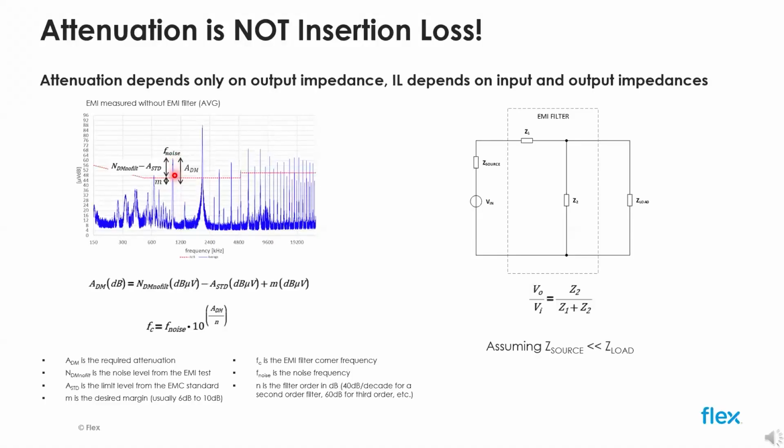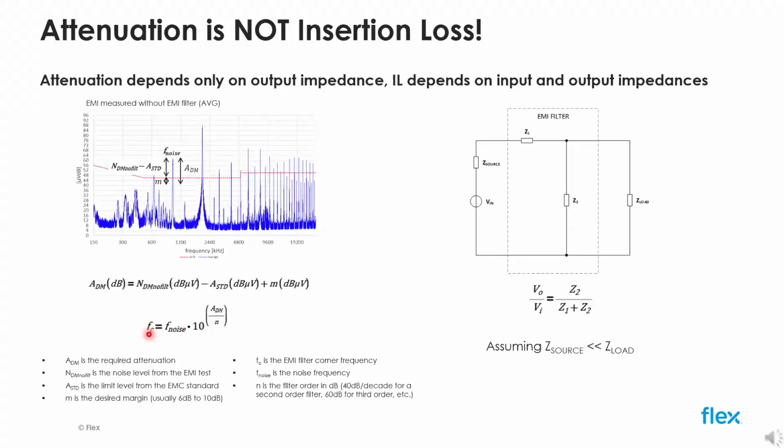The noise amplitude exceeding the EMC limit in dB microvolt plus any margin we may want to apply is the required attenuation in dB. Typical design margin to account for variance over a large population of products is 6 to 10 dB microvolts. Once attenuation is known, we can select the filter order and determine an approximate cutoff frequency.